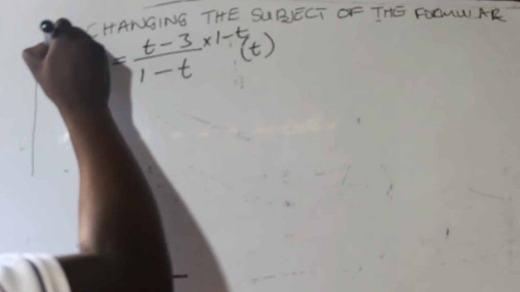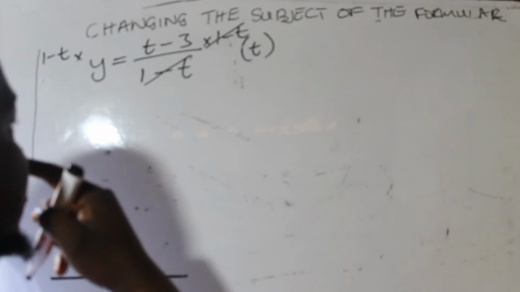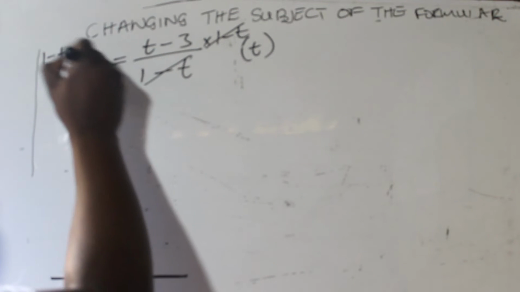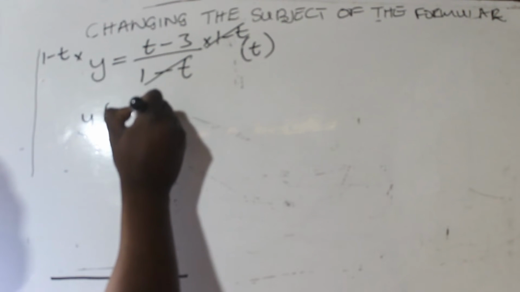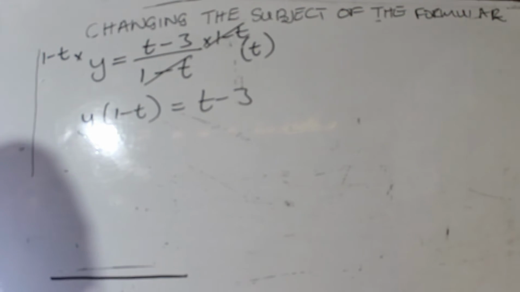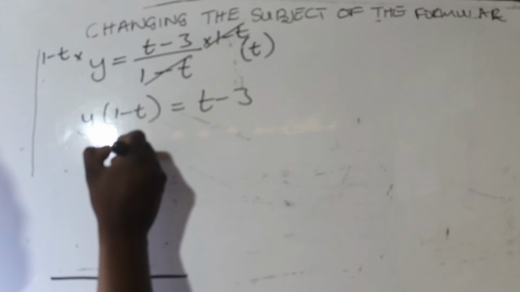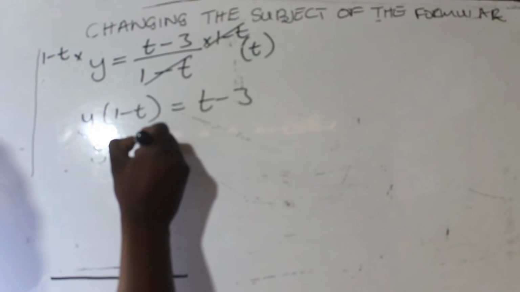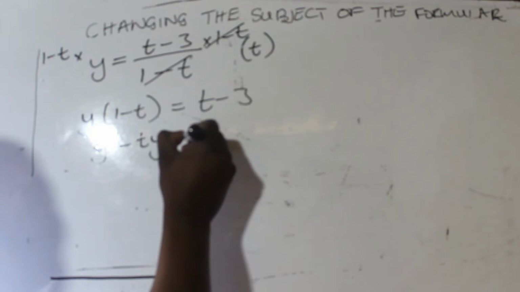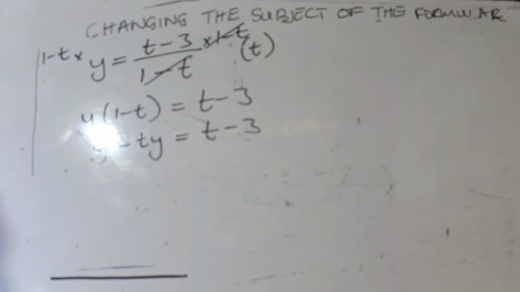This 1 minus t will cancel with this one. So y is multiplying 1 minus t, is equals to t minus 3. Then y times 1 is y, y times minus t is minus ty, is equals to t minus 3.